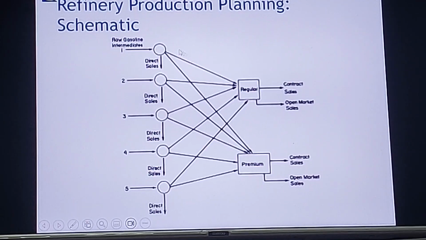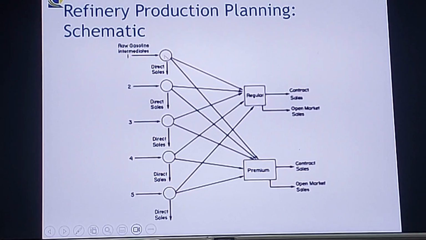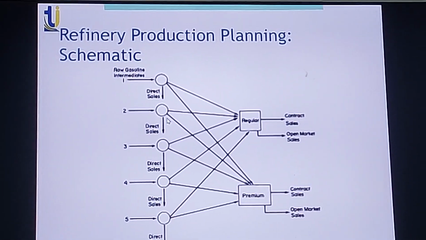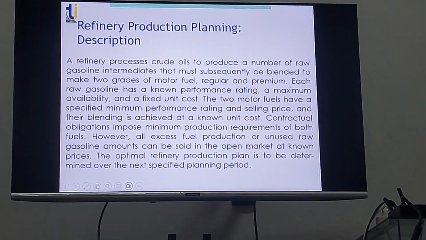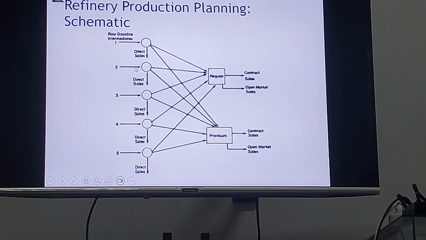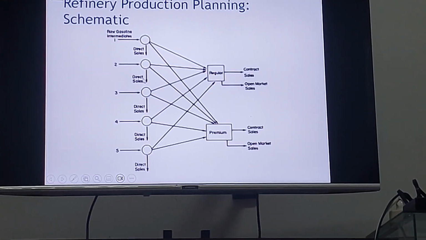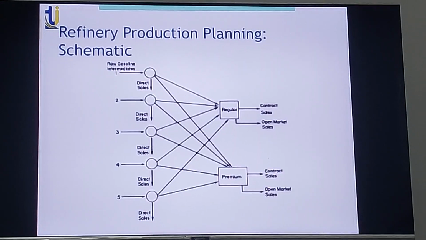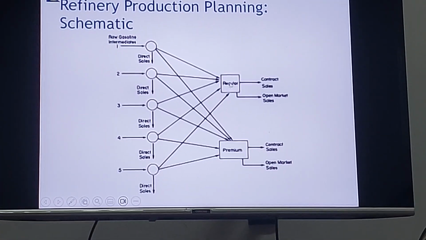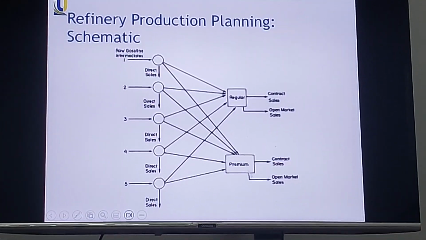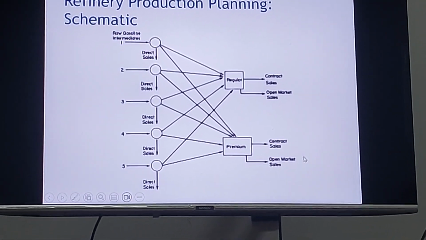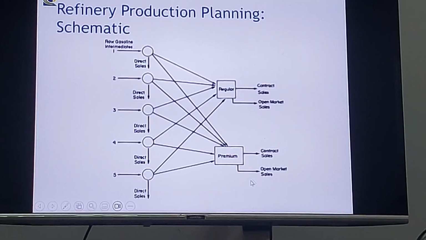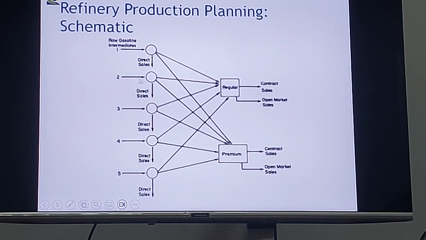Because you might also want to sell the raw material. Remember that they can sell the excess fuel or unused raw gasoline. So if you already use it for regular and you still have unused, then you can sell it. So this is an example of the scheme. Once you make some gallons of regular, some gallons of premium, then you sell to the market as a product, a specific product. Well, this is still raw.